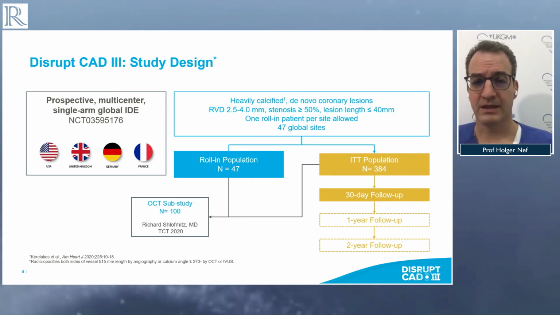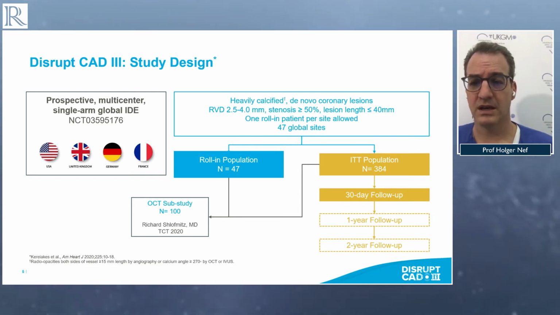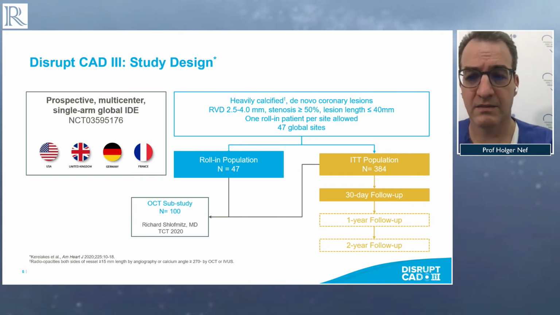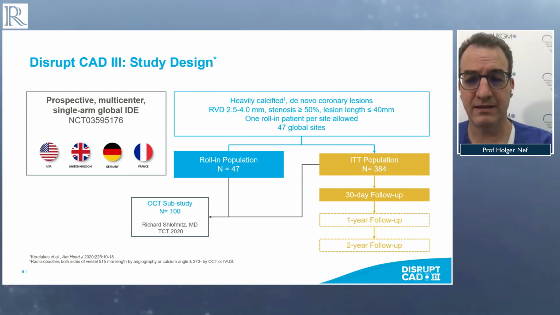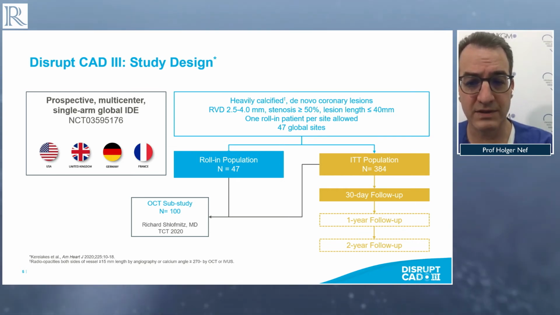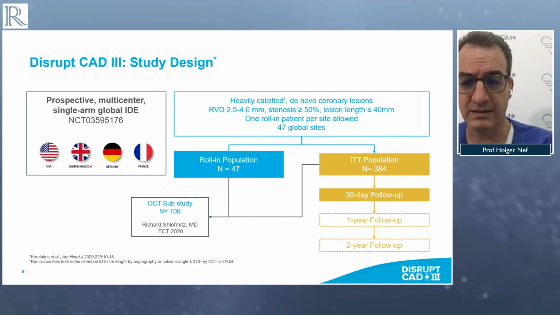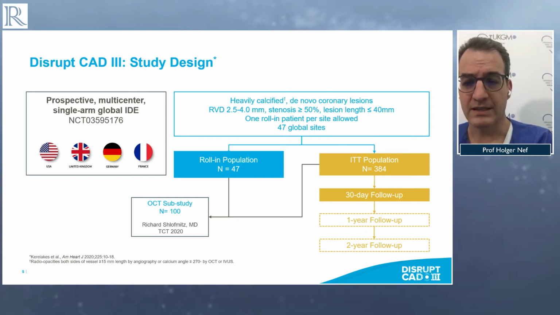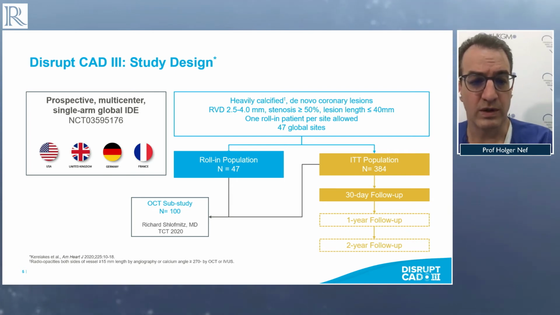And the definition of stenosis includes radiopacity on both sides of the vessel, extending at least 15 millimeters by angiography, or a calcium angle of at least 270 degrees by intravascular imaging. So every site had a roll-in patient.